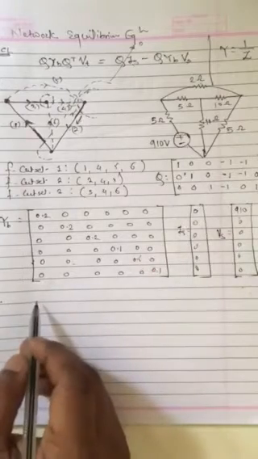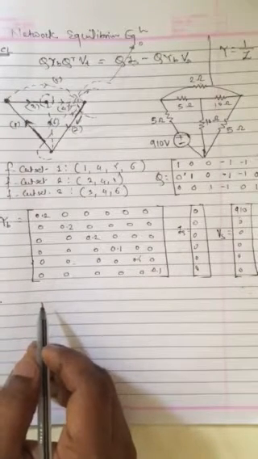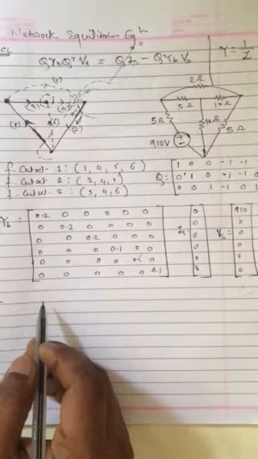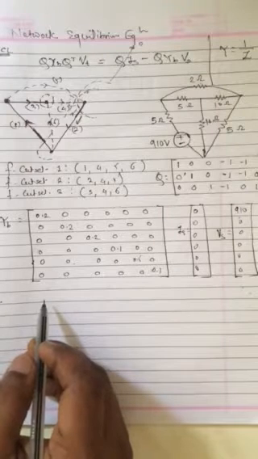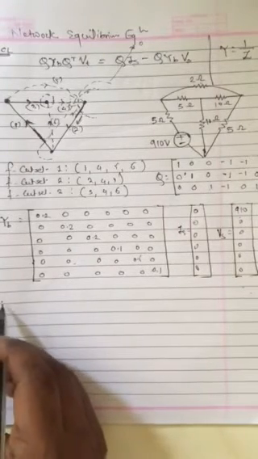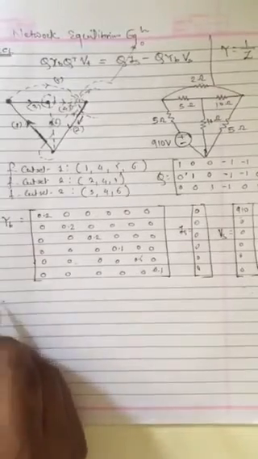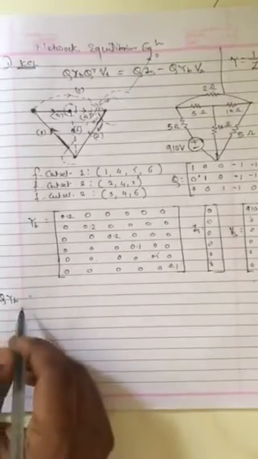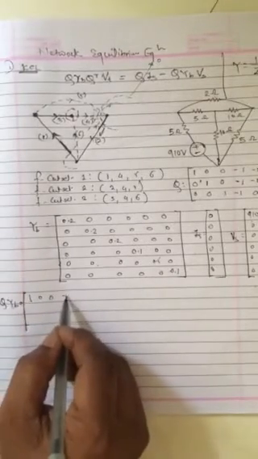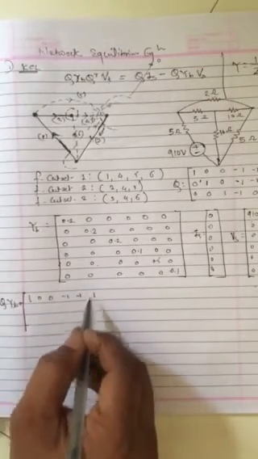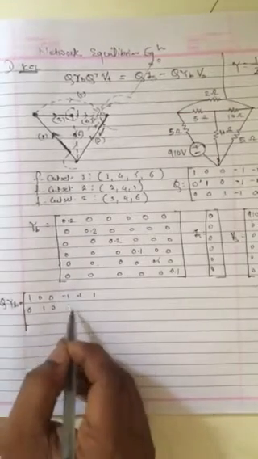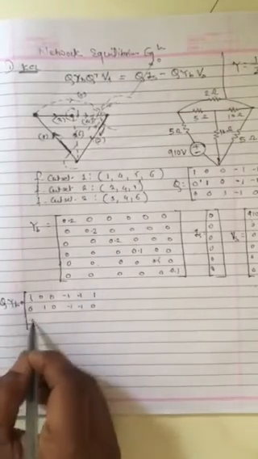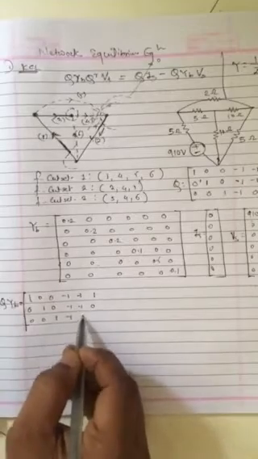Even I can write it directly if you can understand. So I can write it directly. See here, Q into YB, Q into IB equals Q: 1 0 0 minus 1 minus 1 1, 0 1 0 minus 1 minus 1 0, 0 0 1 minus 1 0 1.